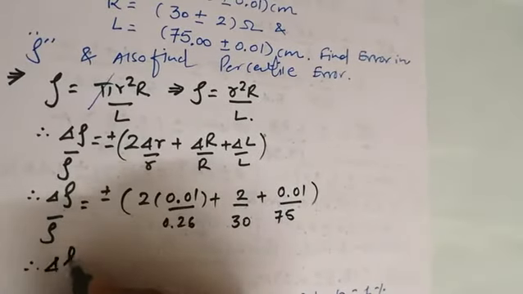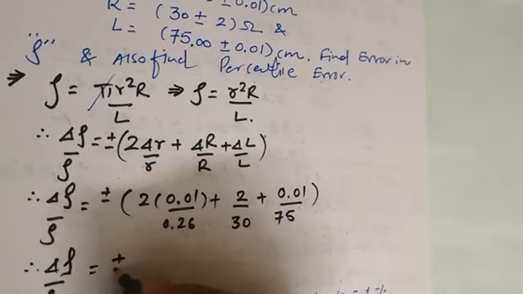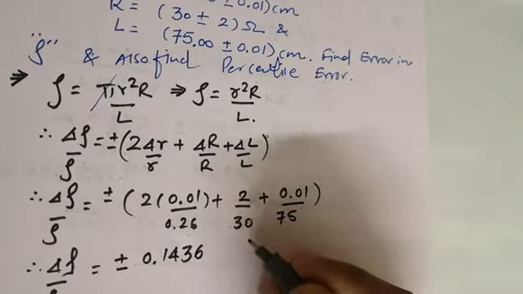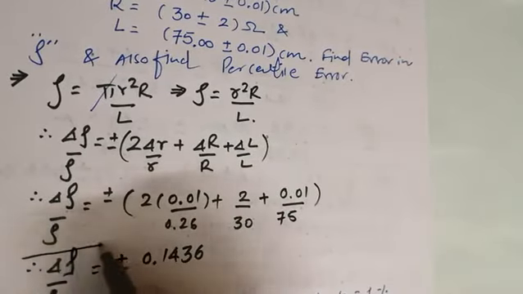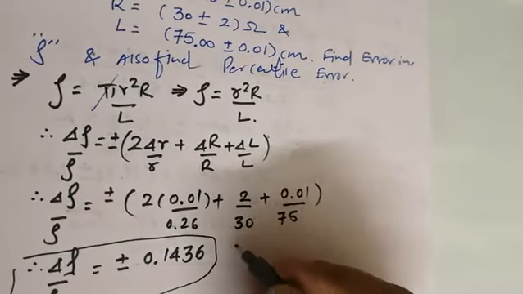So I can have delta rho divided by rho equal to plus or minus 0.1436. This is the error in terms of rho, which is the specific resistance.